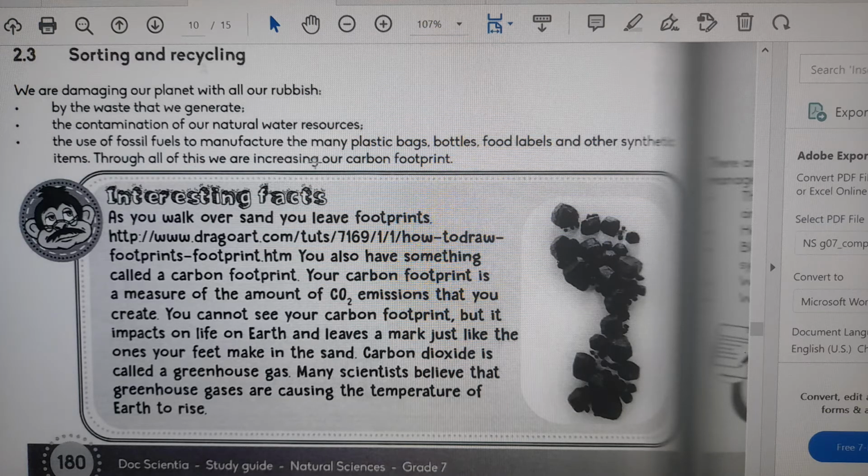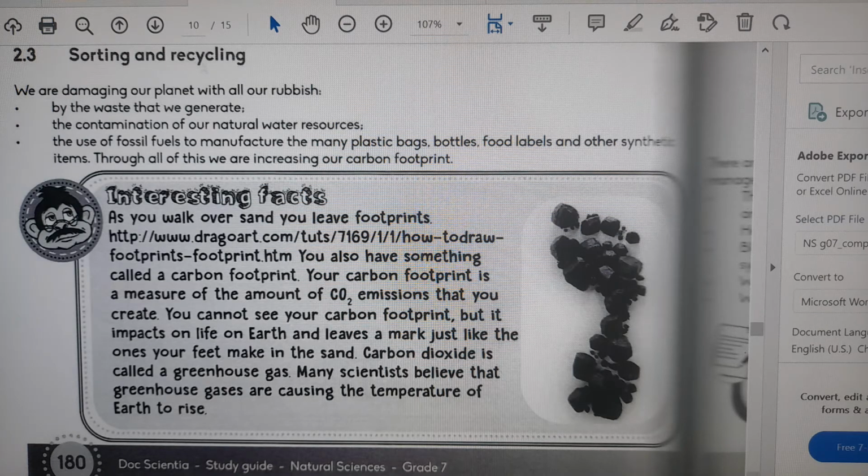Through all this, we are increasing our carbon footprint. We have dealt with wasting in previous grades, I think in EMS and also in technology and in natural science.